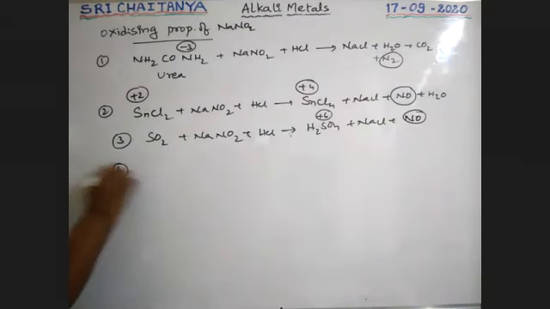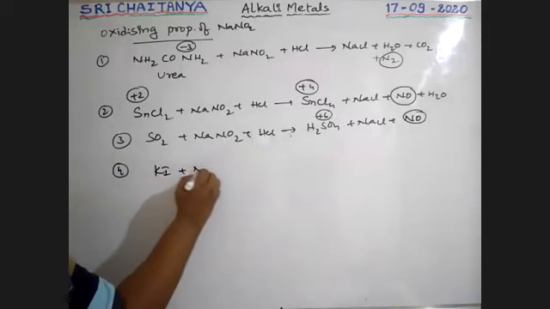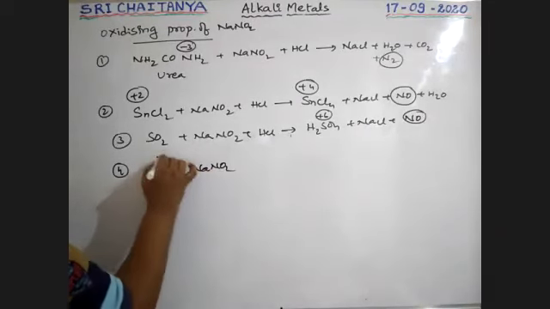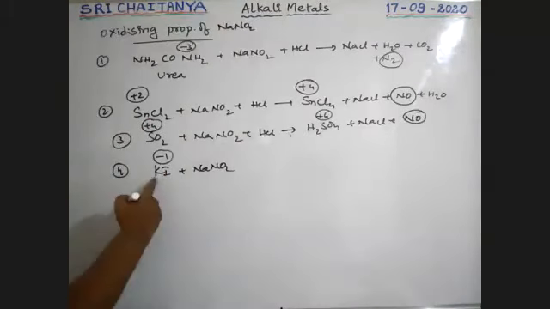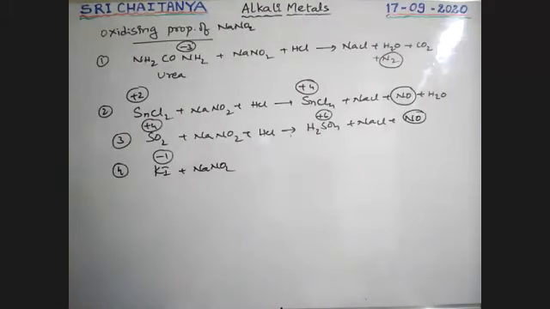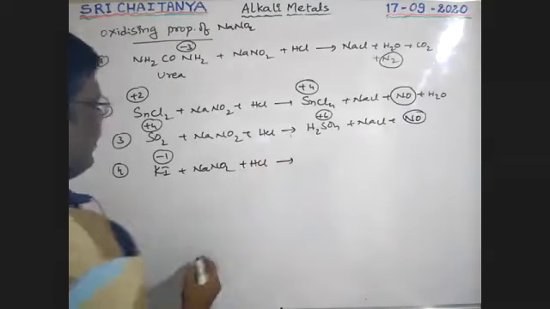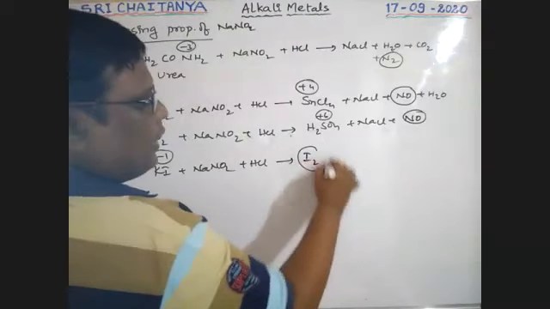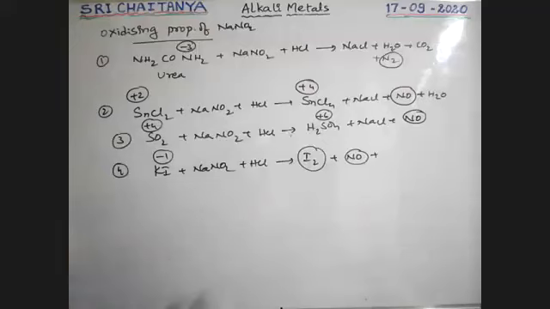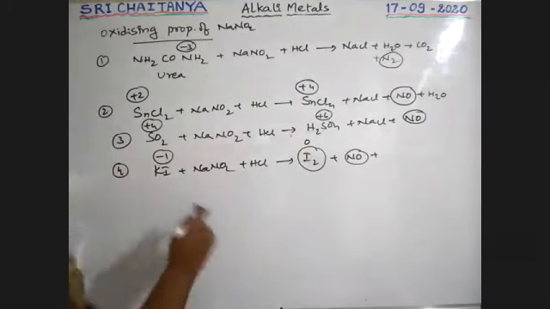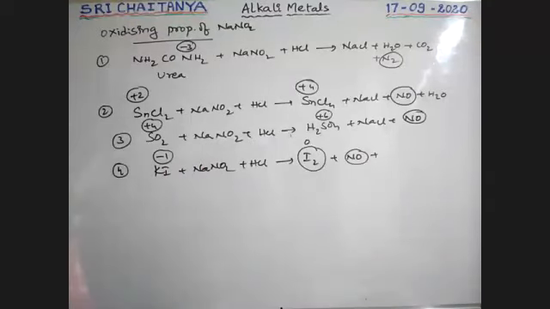Next, potassium iodide, KI, reacts with NaNO2. Here iodine is -1. It reacts with HCl and gives I2 as a product, plus NO. Iodine goes from -1 to 0, so it is oxidized, and NaNO2 acts as the oxidizing agent.